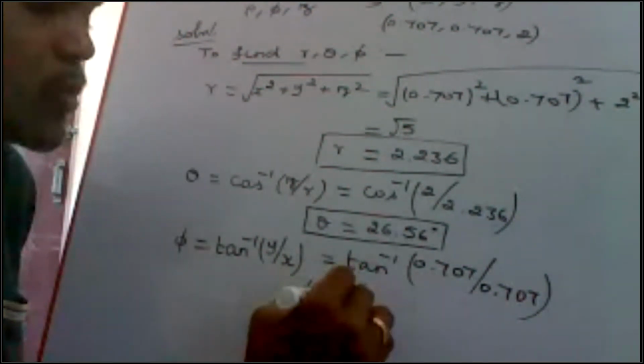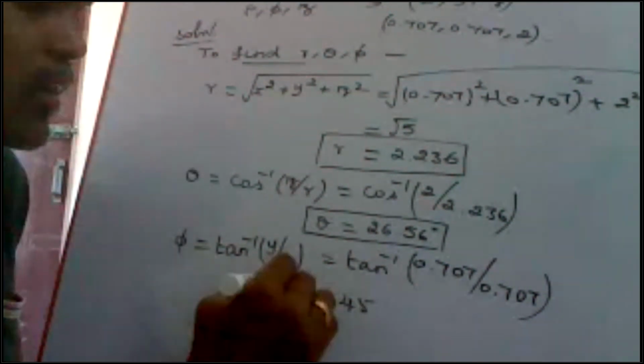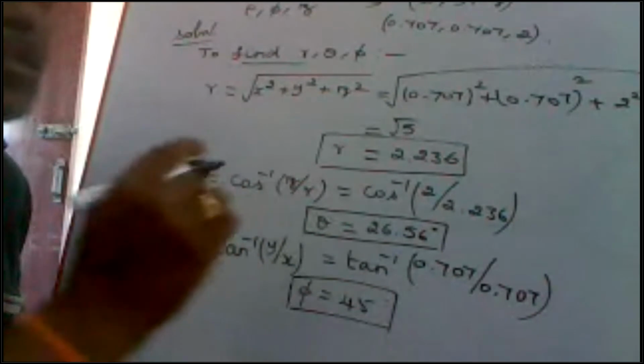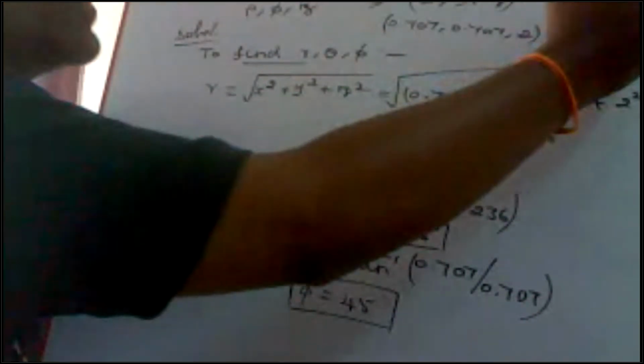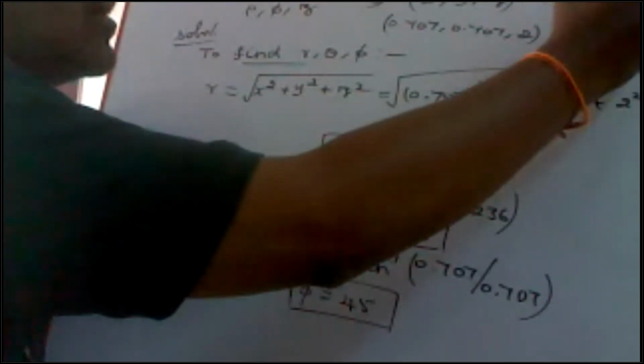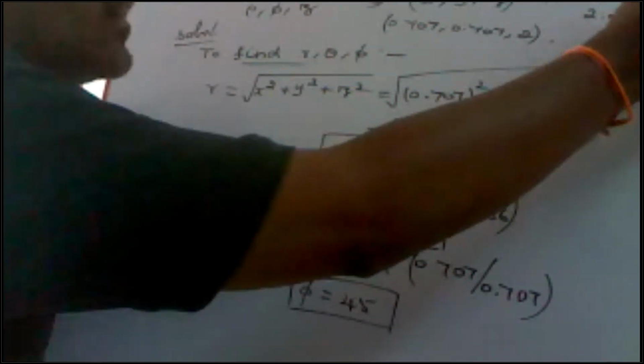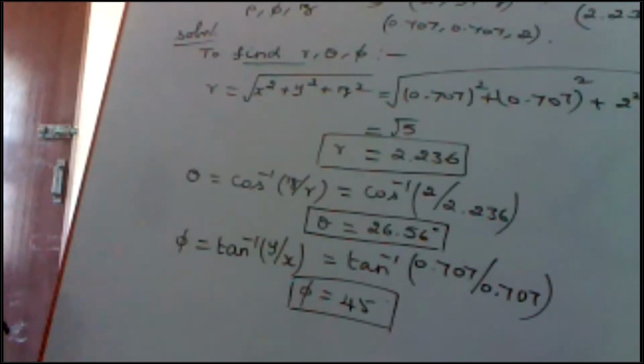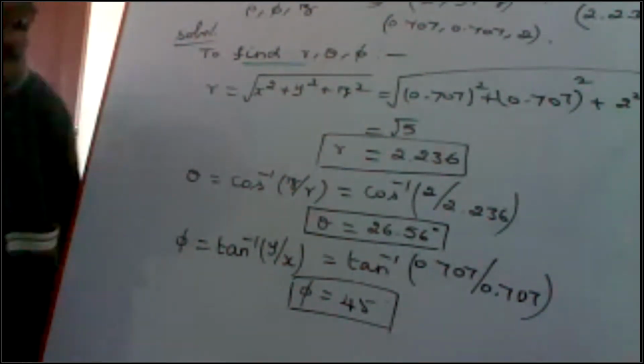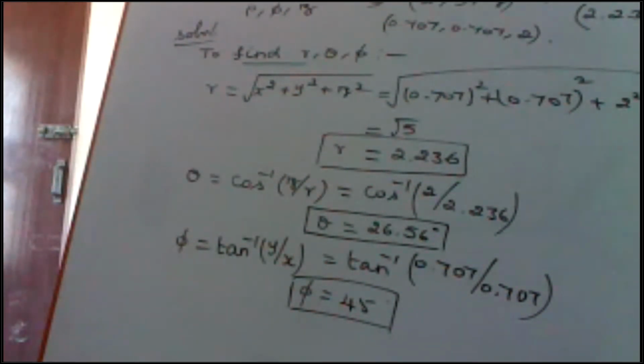Tan inverse of 1 is 45 degrees. That's all. So now we have got the result: r value is 2.236, the angle theta is 26.56, and phi value is 45 degrees. That's all. Any doubt in this now?